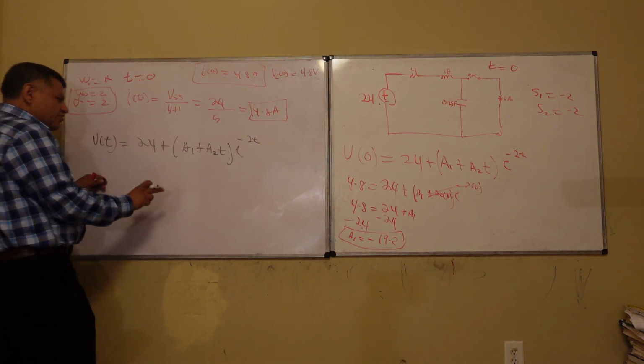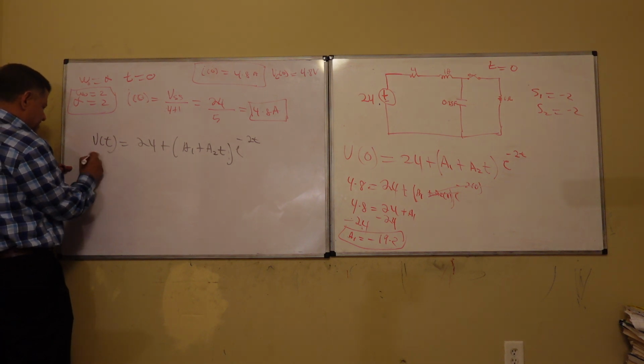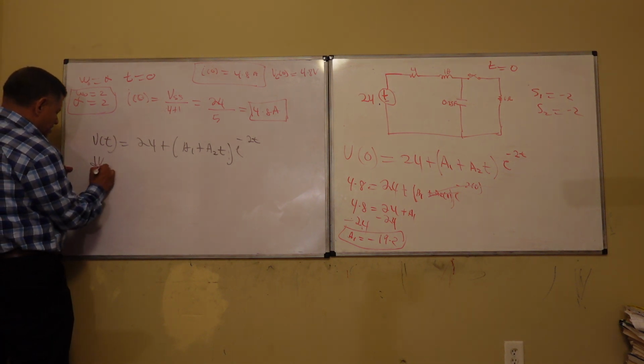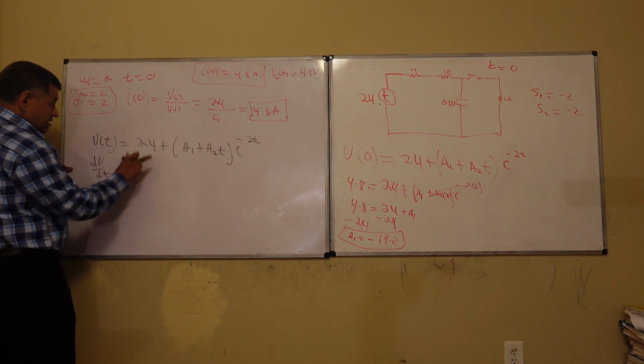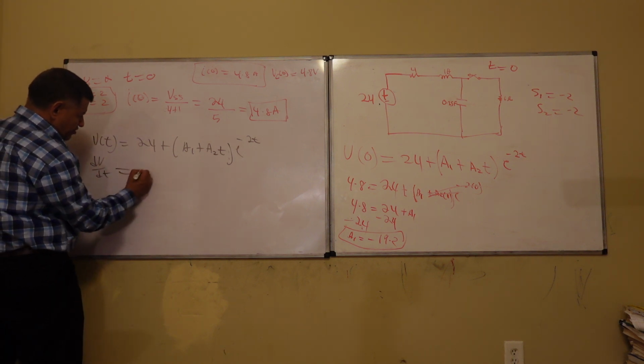Now, taking the derivative of this, dv/dt of this guy right here is equal to 0.